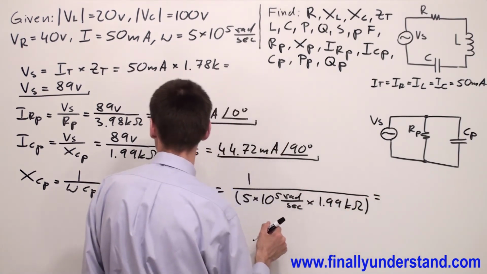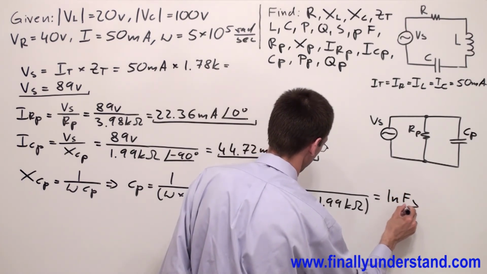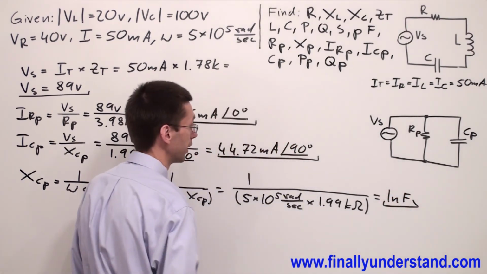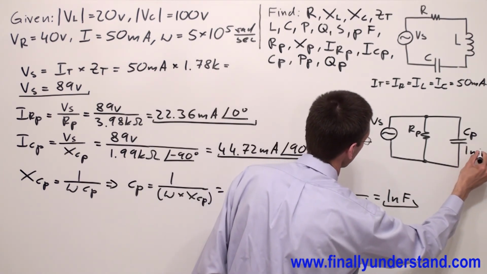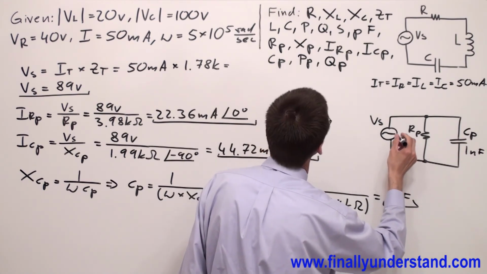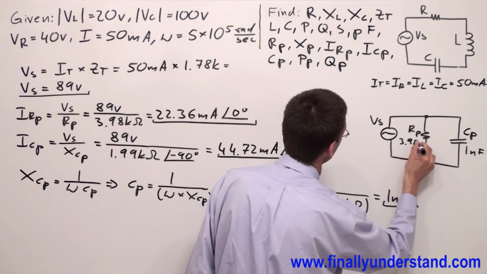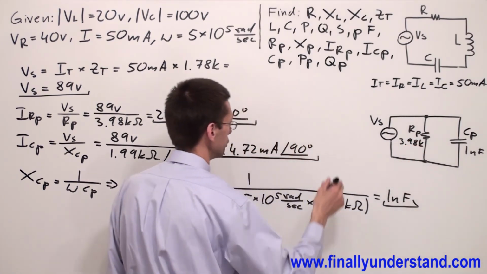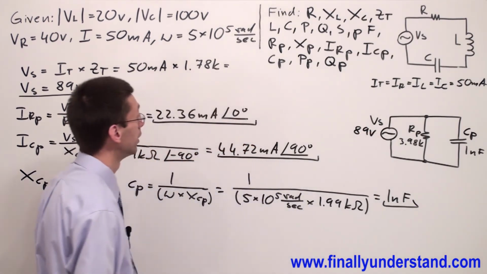This is equal to 1 nanofarad. Okay, so this is the capacitance over here. So I have CP equals 1 nanofarad and RP is equal to 3.98 kilo. Voltage source is equal to 89 volts.